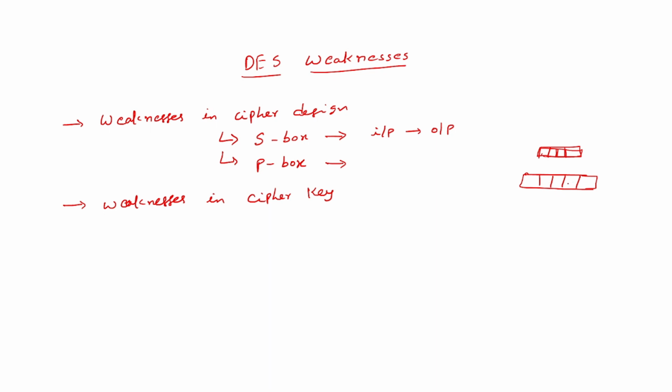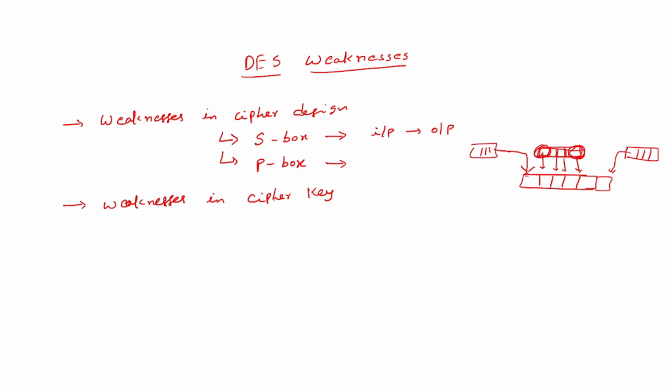The same for the second portion, third portion, fourth portion, fifth portion, and we need to take the last bit of the previous part as the first bit and the first bit of the next part as the last bit. That means repeating. So the first and fourth bits are repeating. That is the weakness in P boxes.